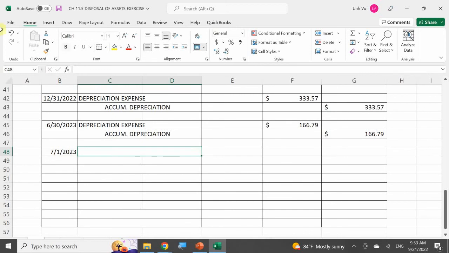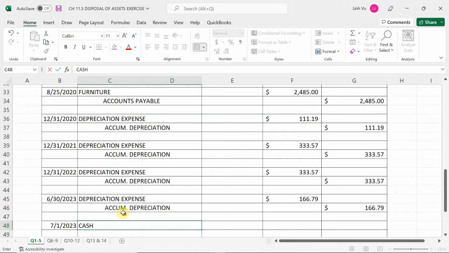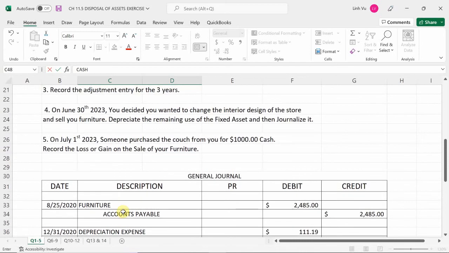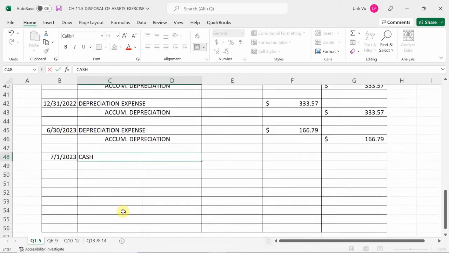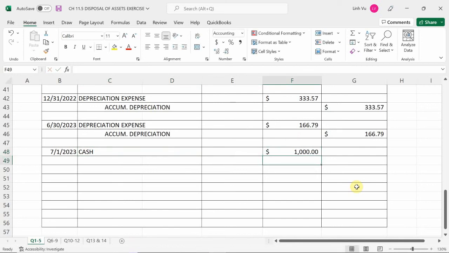Okay, well, the first one would be cash, right? It will be cash first because that's exactly what we sold it for. How much did we sell it for? $1,000. We received $1,000 in cash for the sale of my furniture. Now, how do we get rid of my furniture?